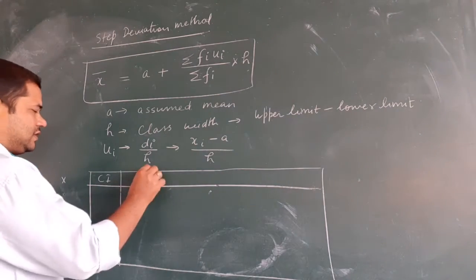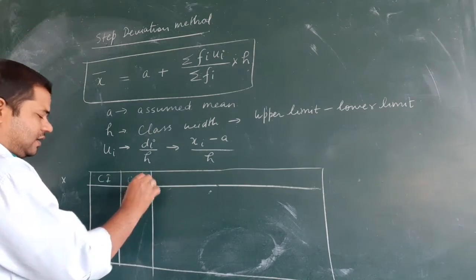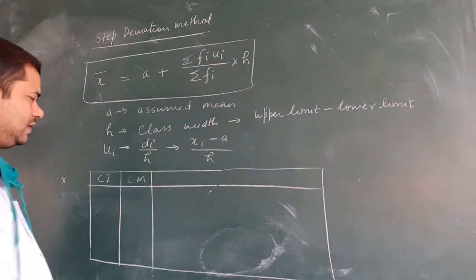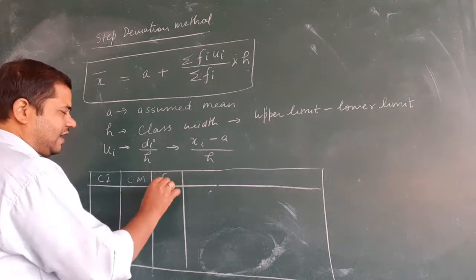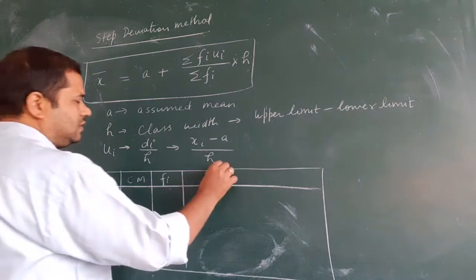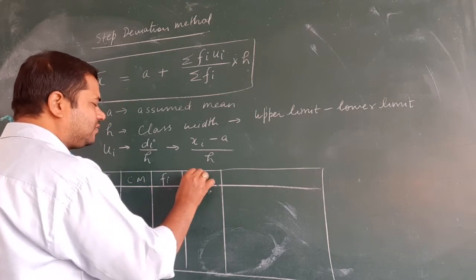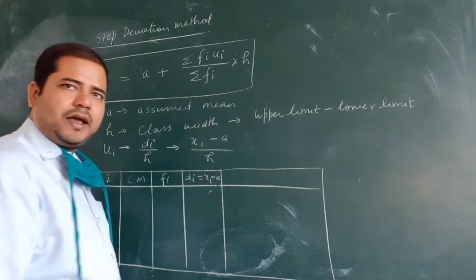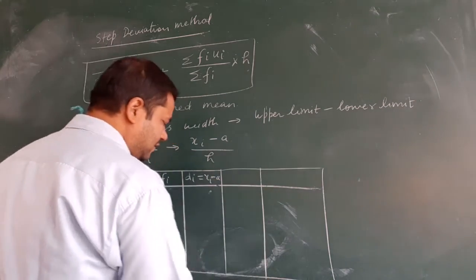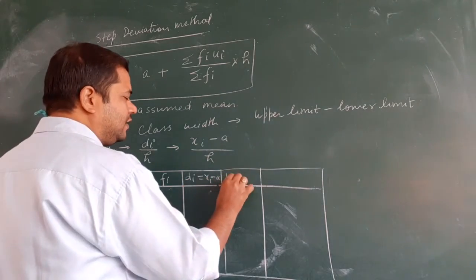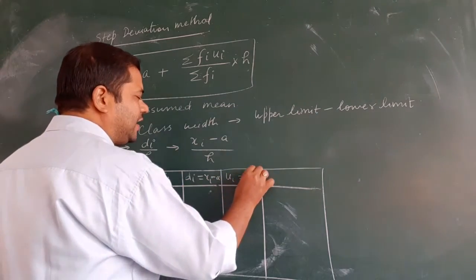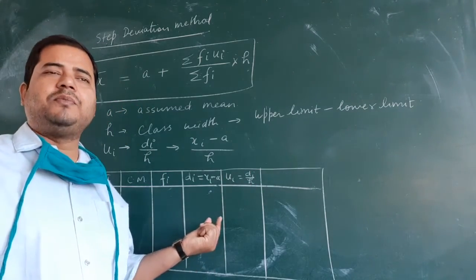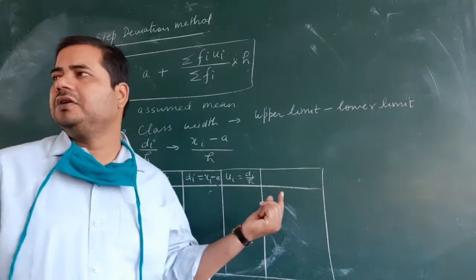After class interval you find the class mark, then fi, then di, which is xi minus a. Then ui is di upon h. That means whatever quantity di you have, you divide it by h, and you will get ui.